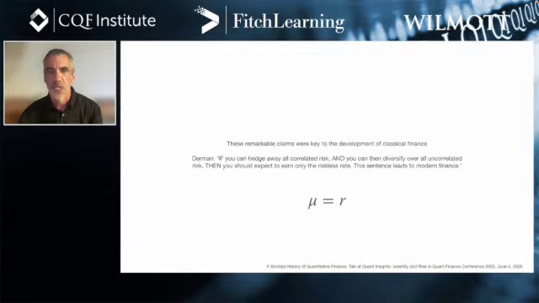And these remarkable claims were key to the development of classical finance. As Emanuel Derman said at this recent conference, if you can hedge away all correlated risk, and you can then diversify over all uncorrelated risk, then you should expect to earn only the riskless rate. This sentence leads to modern finance. So it kind of boils down to mu equals r.